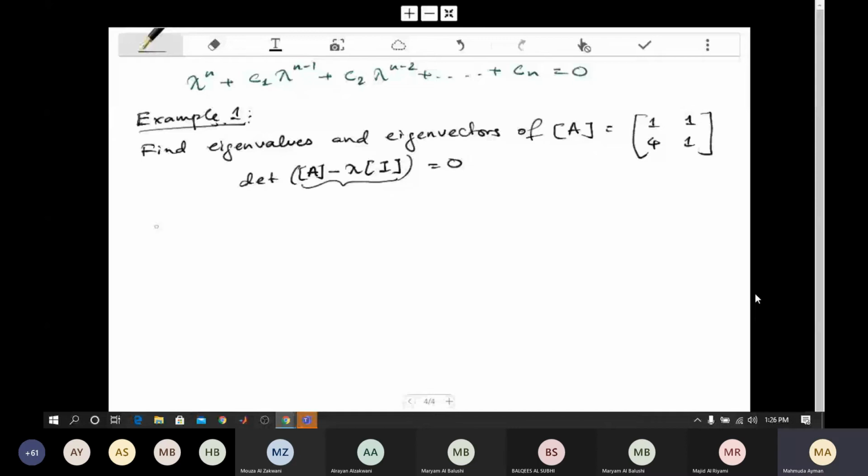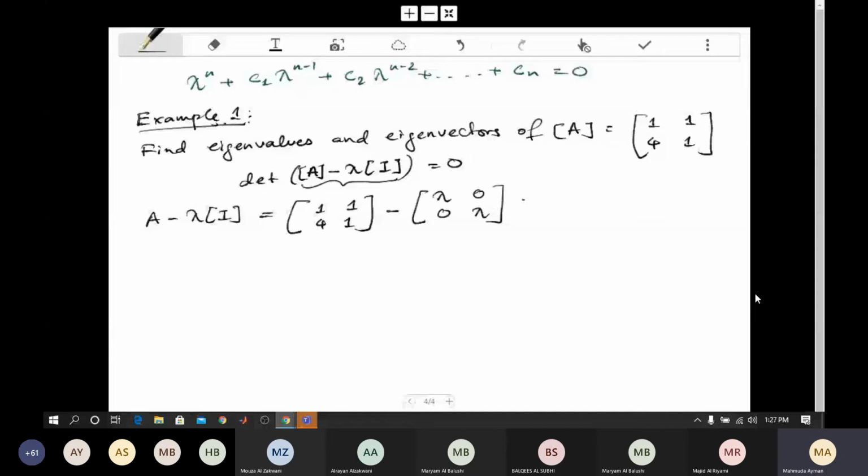So we have A minus lambda times the identity matrix. A we know is [1, 1; 4, 1], and minus, if you multiply the lambda to the identity matrix, you will get lambda 0 0 lambda.